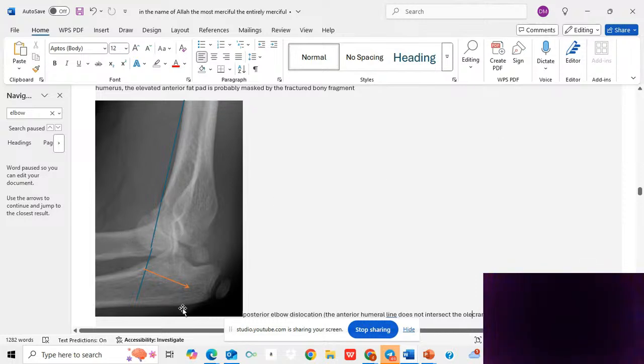What about here? The anterior humeral line here intersects the capitellum normally, but it doesn't intersect the olecranon process because it is posteriorly located or displaced. So this is a posterior elbow joint dislocation.